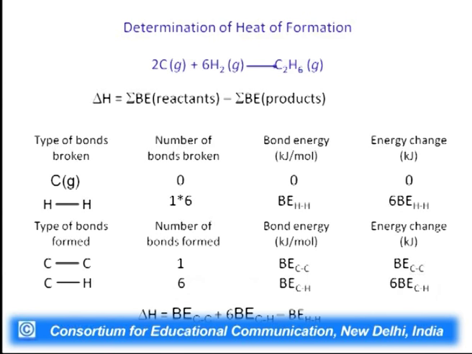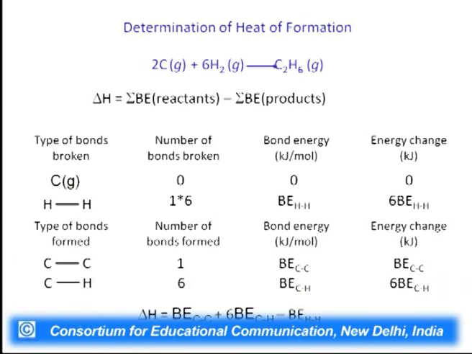Now you see that delta H of formation of C2H6 in gaseous state will be equal to the bond energy of 1 C-C bond plus 6 times the bond energy of C-H bond minus the bond energy of the H-H bonds. So now you can see that we can calculate the heat of formation if we know the bond energy of each bond.